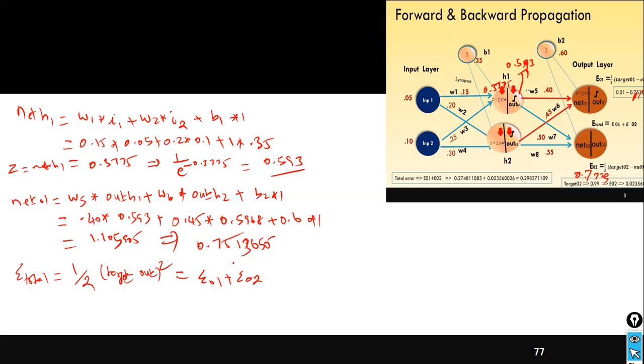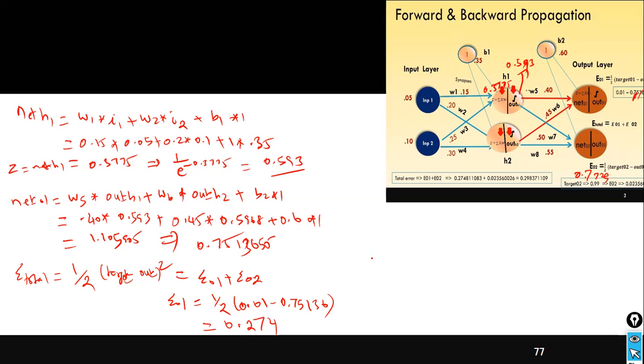Okay, and what is the E01? What is the error we are getting? E01 is nothing but 1 by 2 into the actual, which is 0.01, minus 0.75136 or something like that. This is the one that gives us the error as 0.2748.